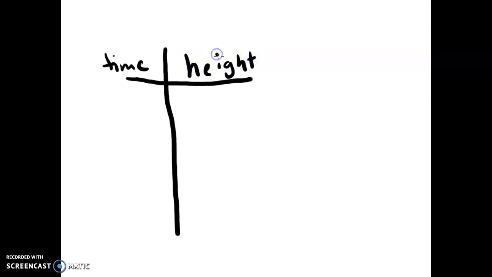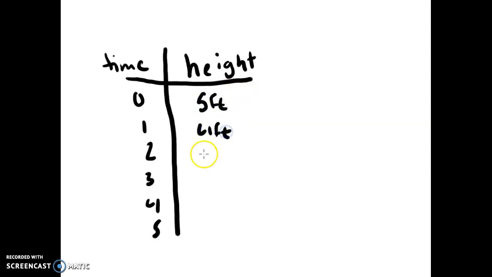Okay. And I'm just going to make up some times here. 1, 2, 3, 4, 5. And let's say it was 5 feet, 4 feet, 2.2 feet, I don't know. And then let's just say it hit the ground after 3 seconds.